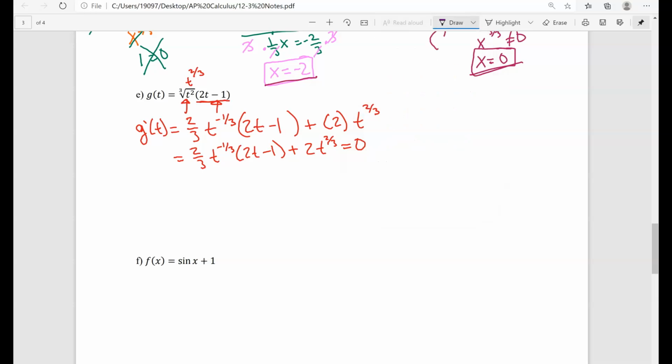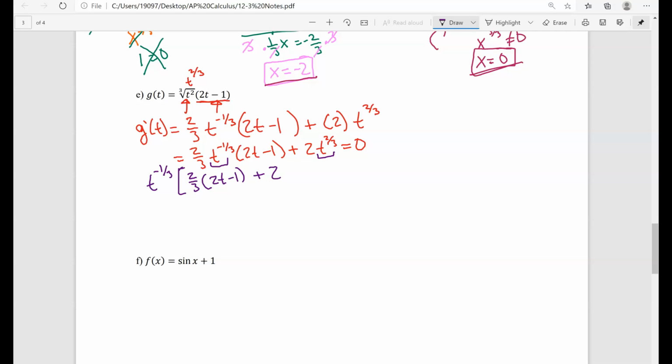So now what you can see is that I'm going to look at the same thing. Notice that this guy and this guy have common factors. So I'm going to factor out the lowest exponent, in this case the -1/3. So I'm going to pull out t to the -1/3. And what's left over is this 2/3, I still have that 2t minus 1 sitting there, and then I have a 2 there.